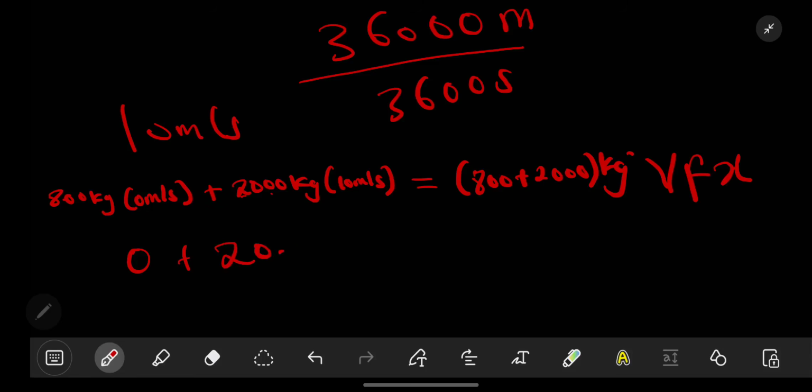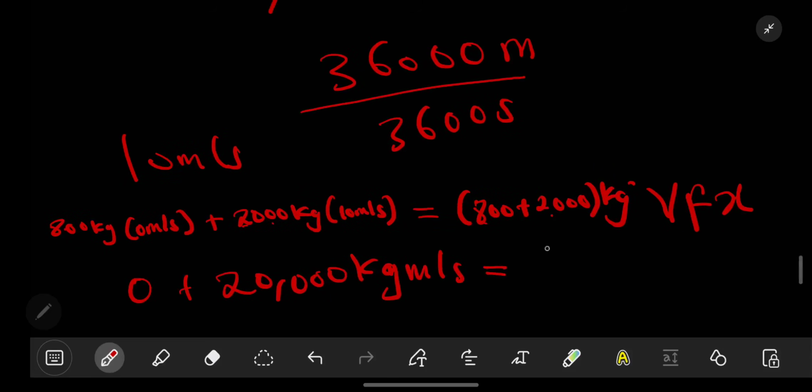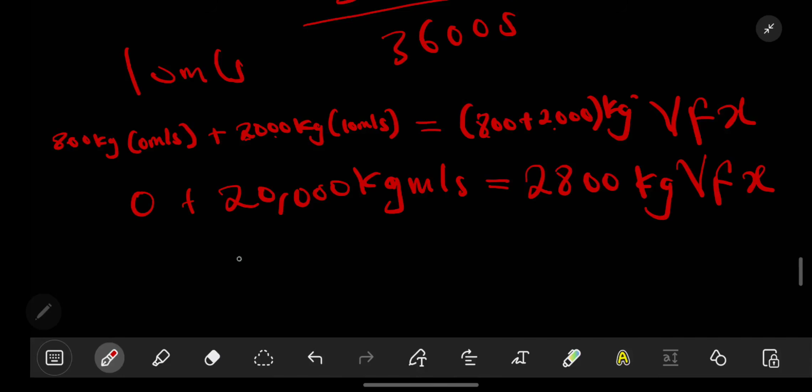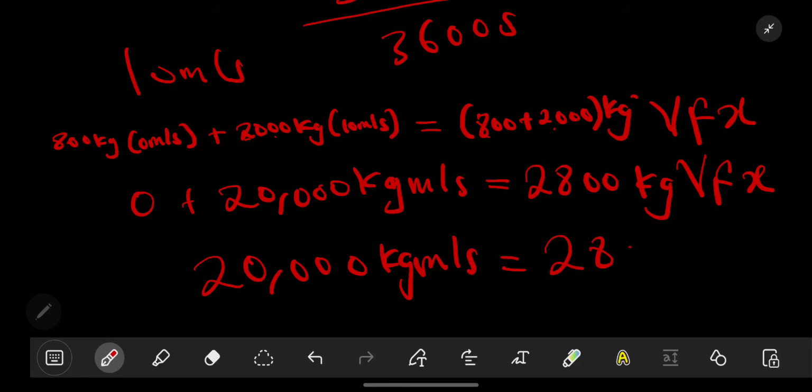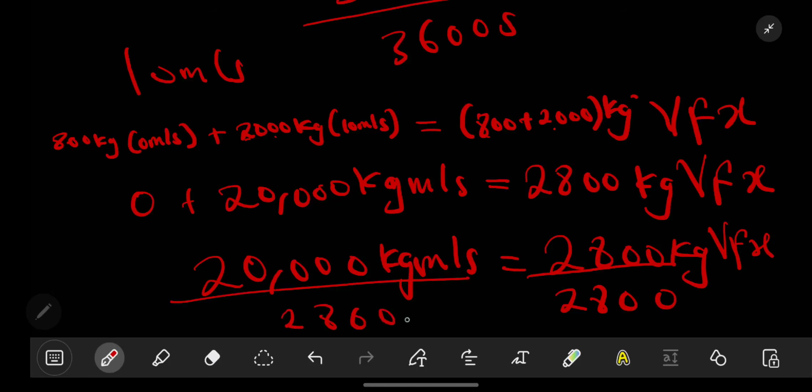This gives us 20,000 kg meters per second, equal to 800 plus 2000, which gives 2800 kg, times the velocity in the x. We divide by 2800 kg.